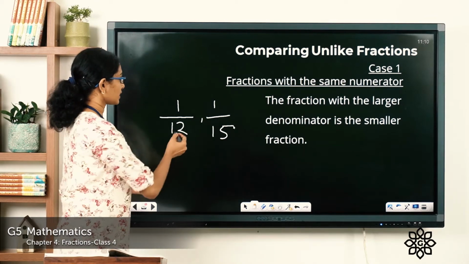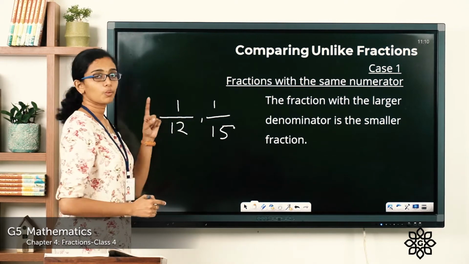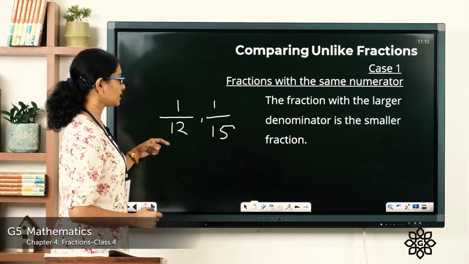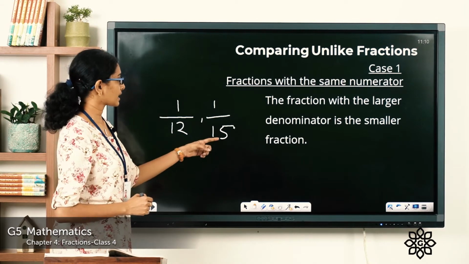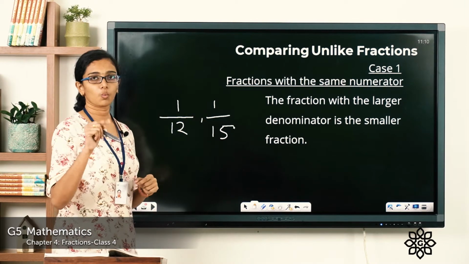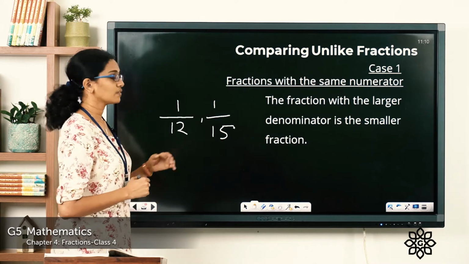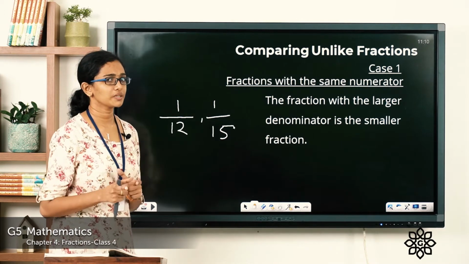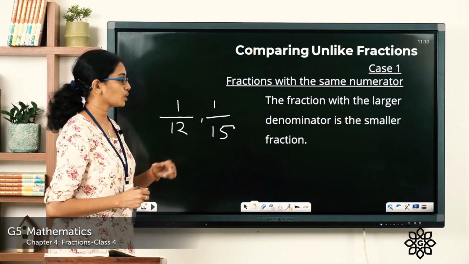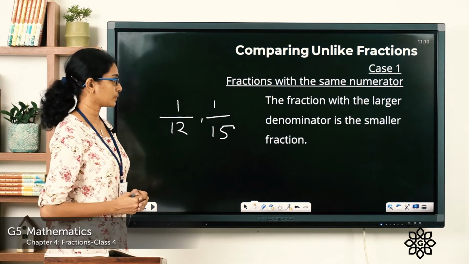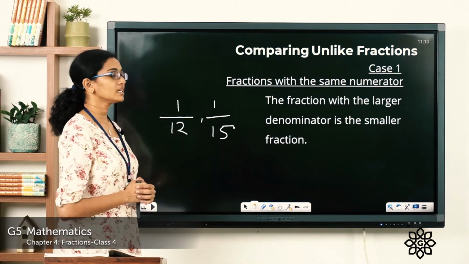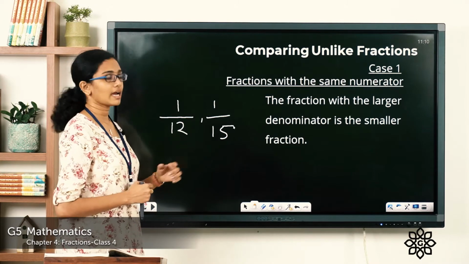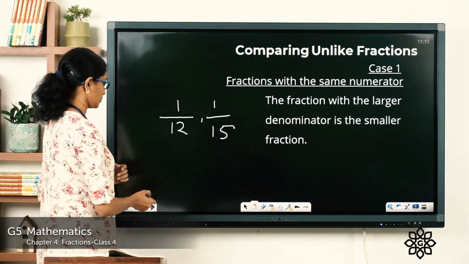Why so? Here we are considering one part of a total of 12 parts. In this case, we are considering one part of a total of 15 parts. So which part will be smaller? One part out of 15 parts, right? So that's why we said the fraction with the larger denominator will have the smaller value.